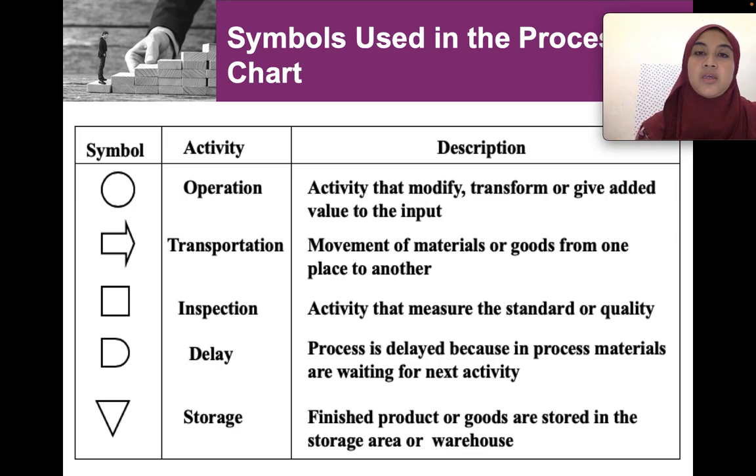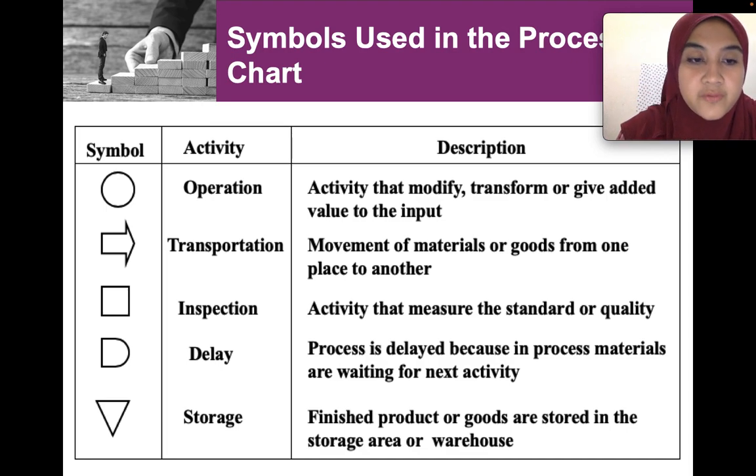While waiting for the jam to be ready, put the bomboloni under the delay. Keep it in the freezer, for example. So you must use the symbol of delay. If you are in a waiting process, please use the symbol D.